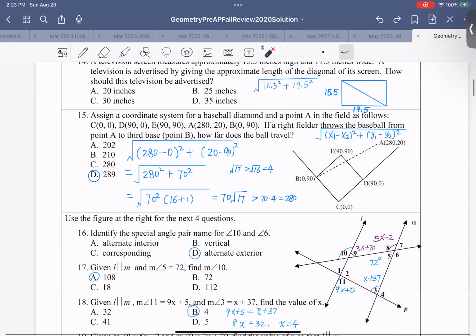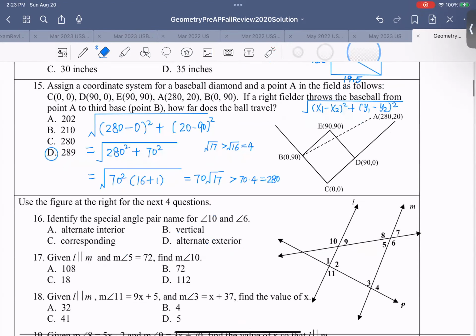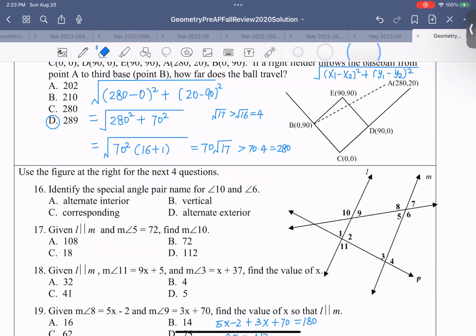Sophie, let's try here. The question is all about those angle relationships we learned before. For number 10 and number 6, what's this angle relationship? Alternate exterior. Alternate exterior, very good.